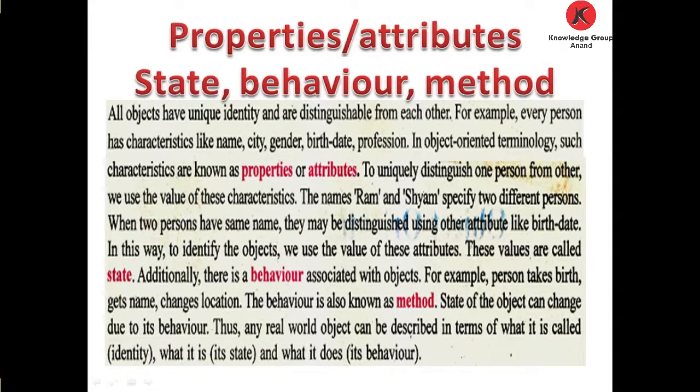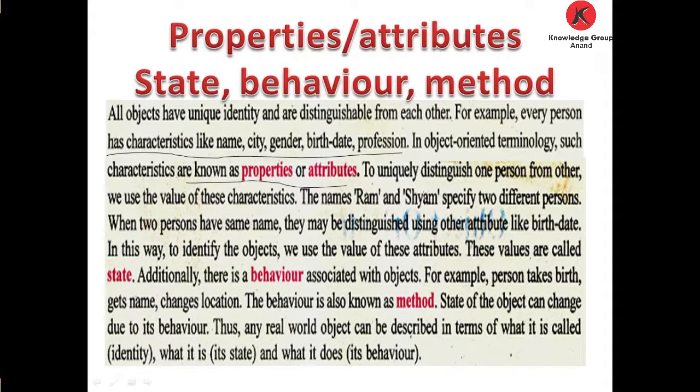All objects are uniquely identified and are distinguishable from each other. For example, every person has characteristics like name, city, gender, birth date, profession. In object-oriented terminology, such characteristics are known as properties or attributes.